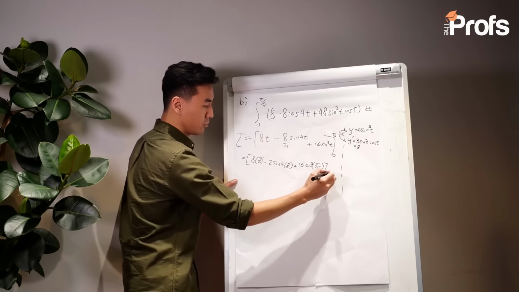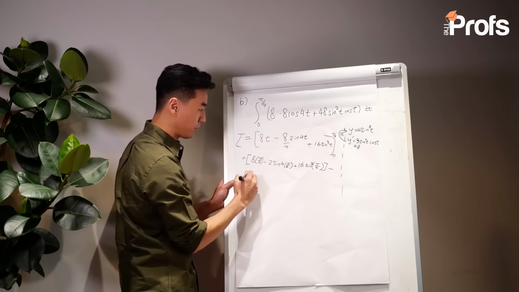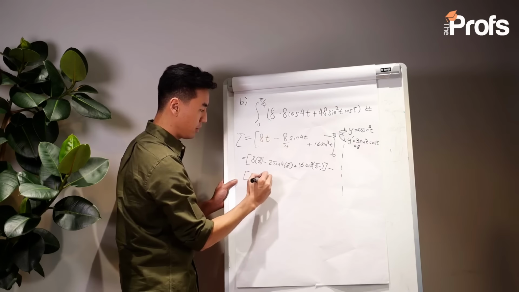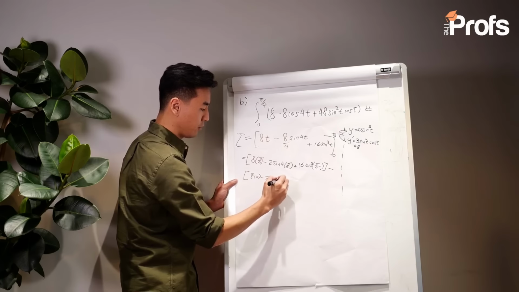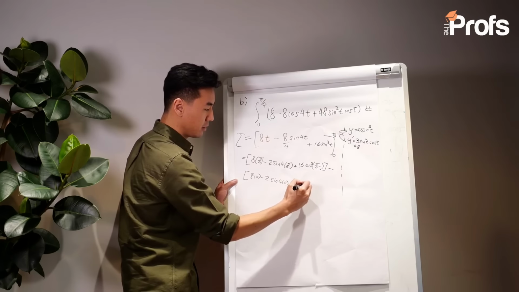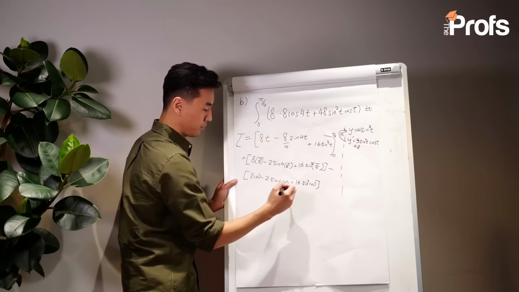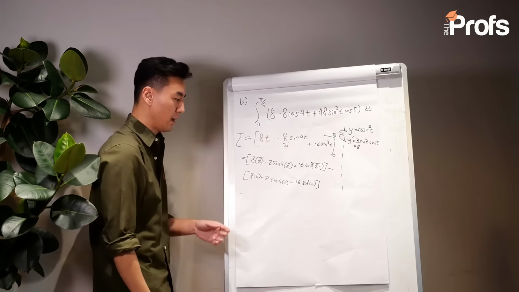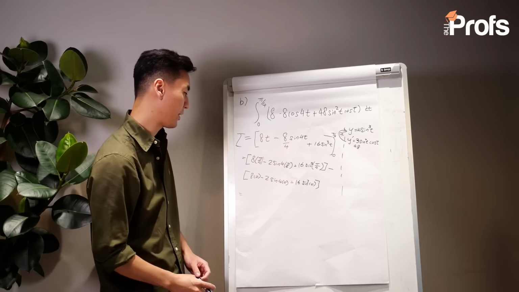All of this will go on, then subtract. Now we do the same, but this time with 0. So 8 times 0 minus 2 sine 4 times 0 plus 16 sine 0 cubed. And now all you have to do is put all of this into your calculator.